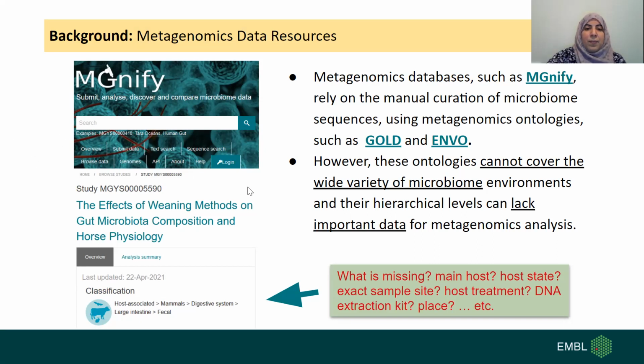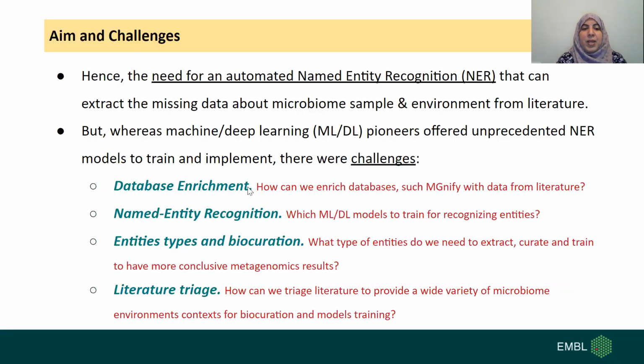So accordingly, my current project Emerald aims for the development of an annotated named entity and automated named entity recognition that can extract the missing data about microbiome samples and environment from literature. So this automated named entity recognition, we aim to achieve using machine learning and deep learning.